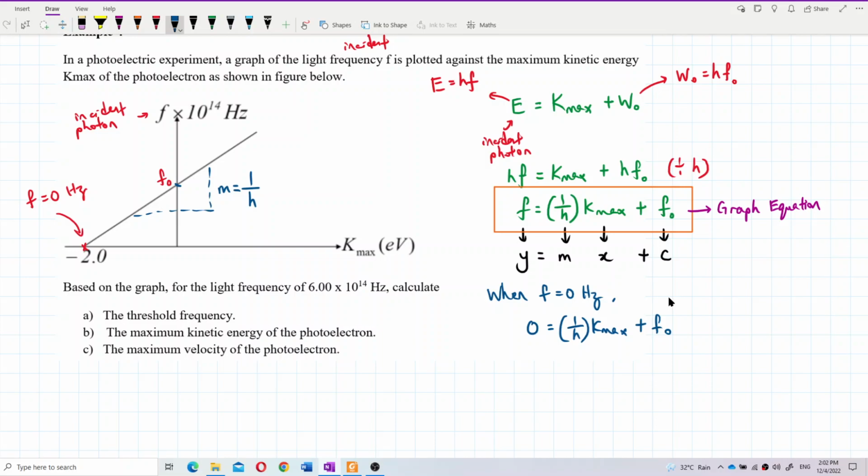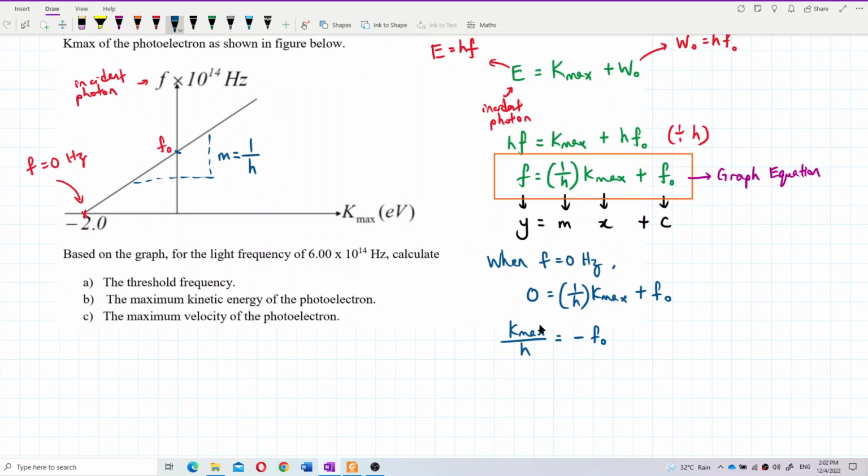This one is Kmax over h, and then this one goes to the other side, becomes negative F naught. So Kmax is equal to negative, and this h multiplied to the top becomes hF naught. So what is this?